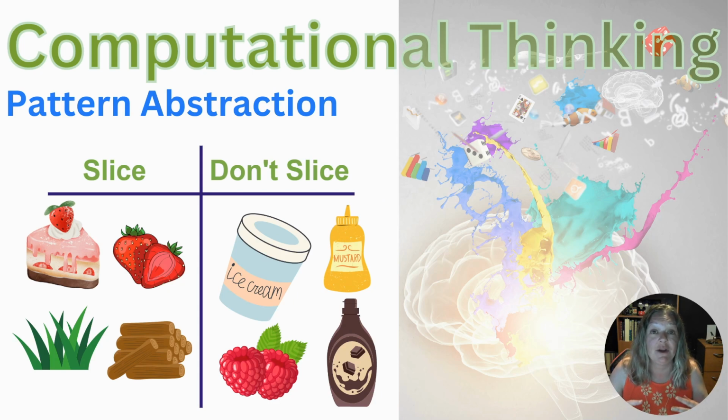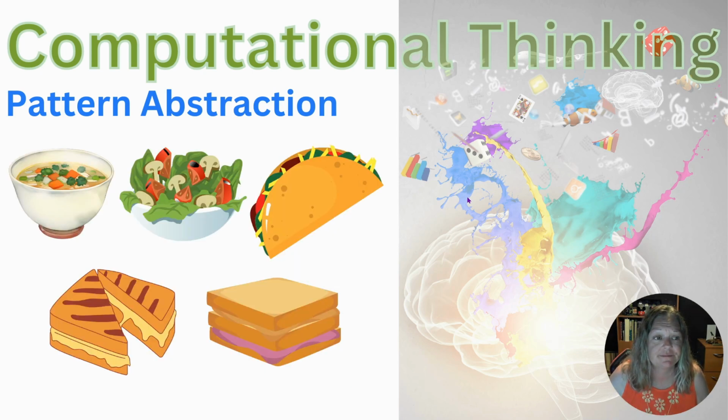And at this point, we don't care about any of the other properties of these items. We've broken it all down, and we're honed in on that one property, which in this case is, can it be sliced up and can it not? We can further abstract by thinking about what are some other things that we could do this with.